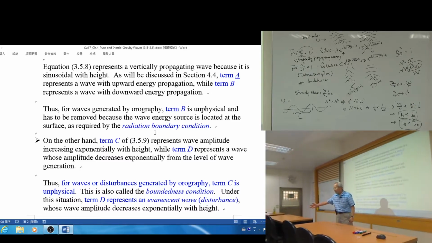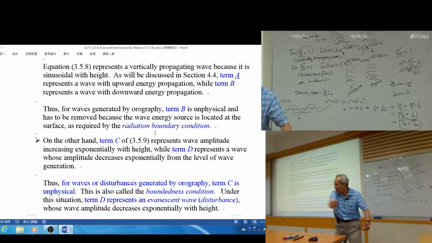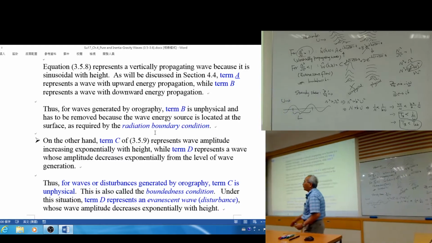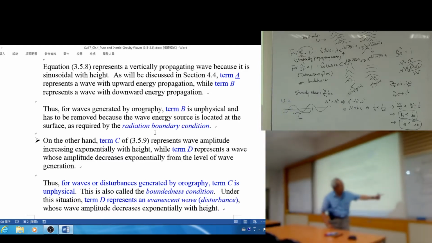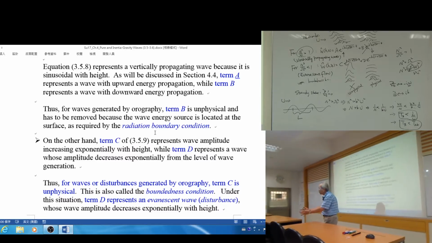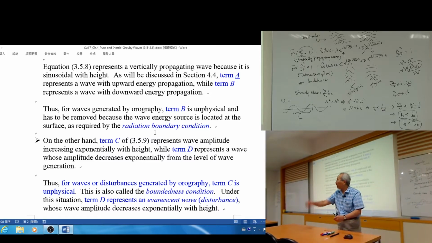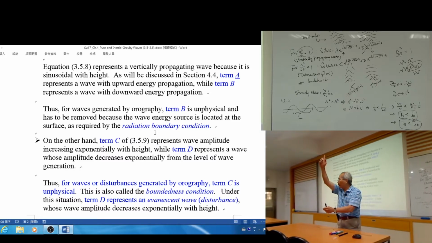L divided by U is the time the air parcel takes to pass over the mountain. That's advection, and that is less than the vertical oscillation period. So an air parcel passing this quickly doesn't get changed to vertical oscillation, so your energy cannot propagate upward.